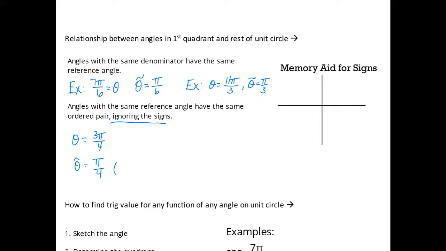And we know in the first quadrant that the ordered pair here is root 2 over 2, comma root 2 over 2. And that means that this ordered pair is also root 2 over 2, comma root 2 over 2, but because it is in the second quadrant, the x value is negative. So if we ignore that one negative sign, they have identical ordered pairs.